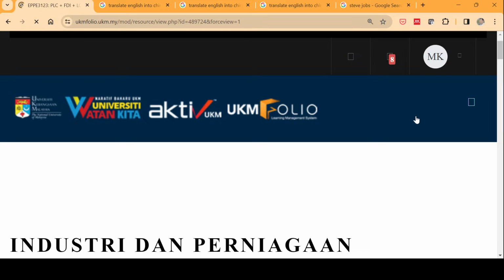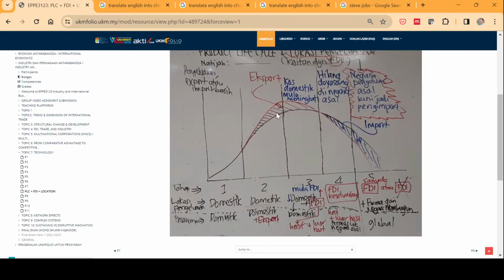And then stage 2, the product is experiencing exponential growth up to the point. So you see here, this is consumption, this is output, production and consumption. So this part is being exported. The difference between total production and consumption in the country, this part is exported overseas.